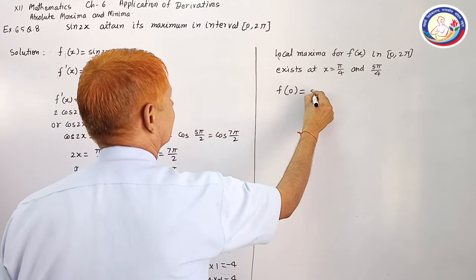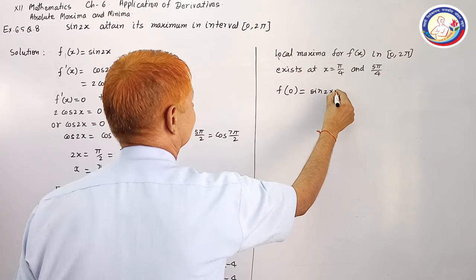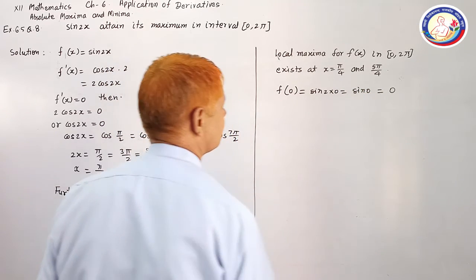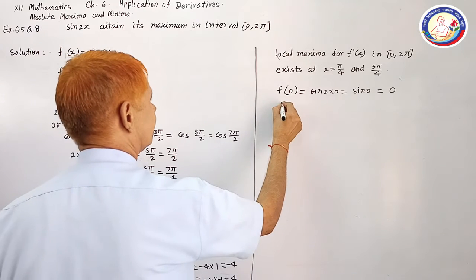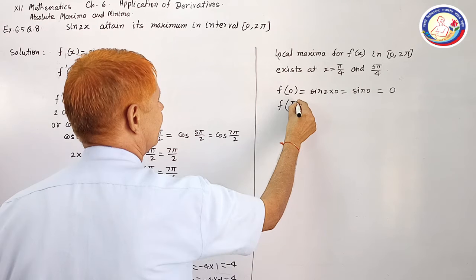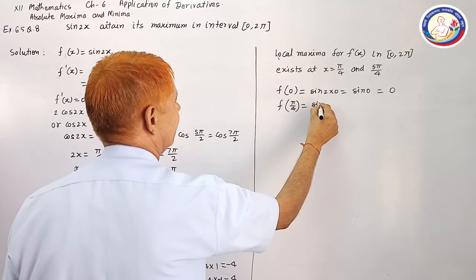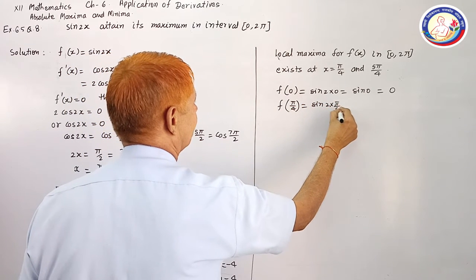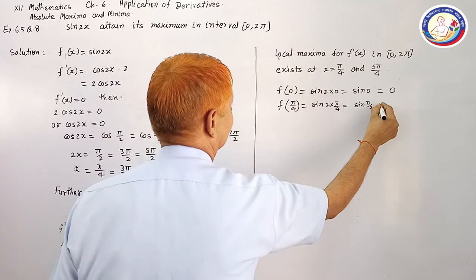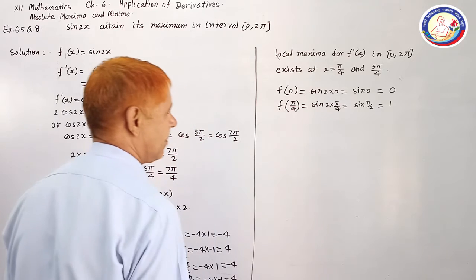F of 0 is sine 2 into 0, that is sine 0, and it is 0. The value of the function at pi by 4, that is sine 2 into pi by 4, is sine pi by 2. It is equal to 1.